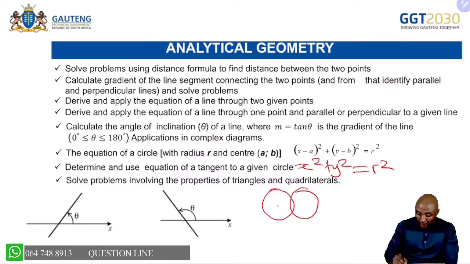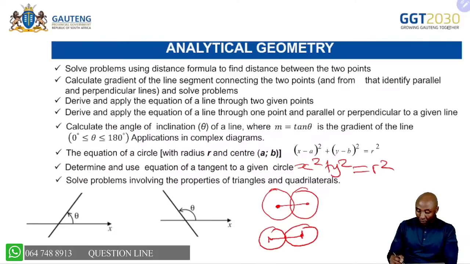We look at the radii, and the distance should be less than the sum of the given radii for the diagrams. And then we also have circles that are intersecting externally. We will have the distance between the two centers using the distance formula should be equal to the radius of circle 1 plus the radius of circle 2, which is R1 and R2.